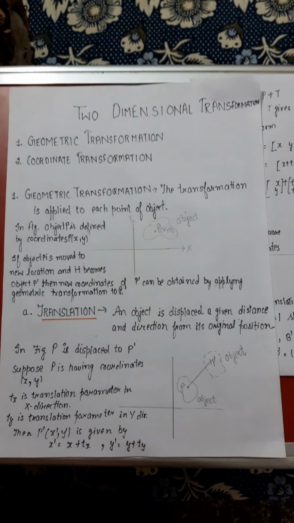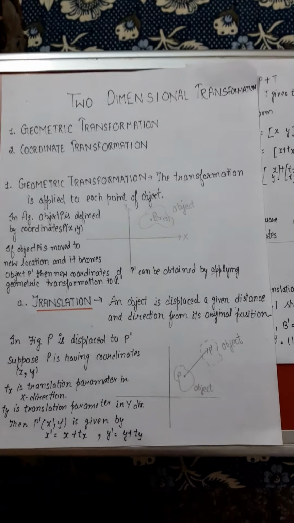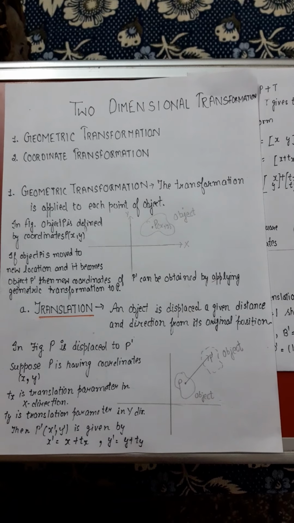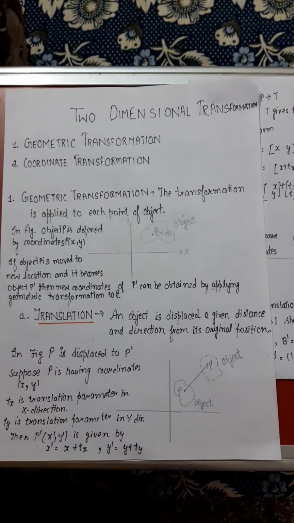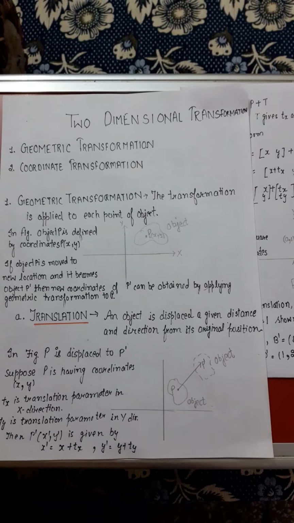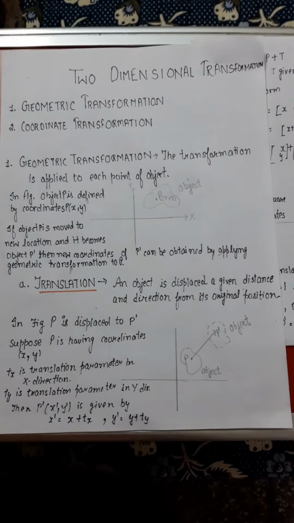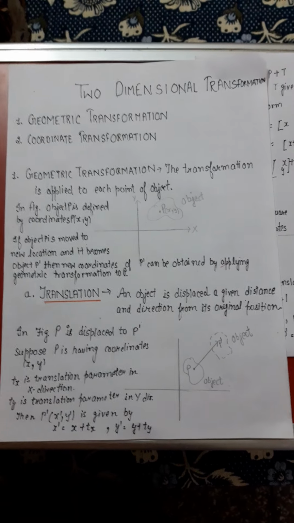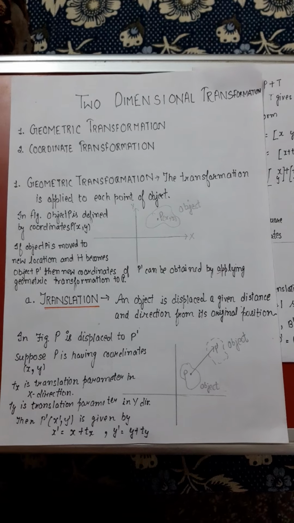So in the geometric transformation, the first type of transformation is translation. An object is displaced a given distance and direction from its original position. You can see in the figure, P is an object and it is displaced to P dash, right?